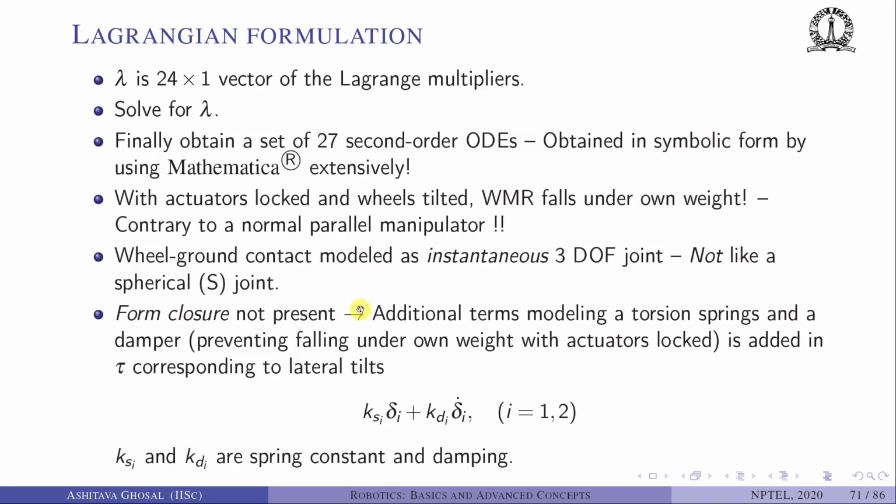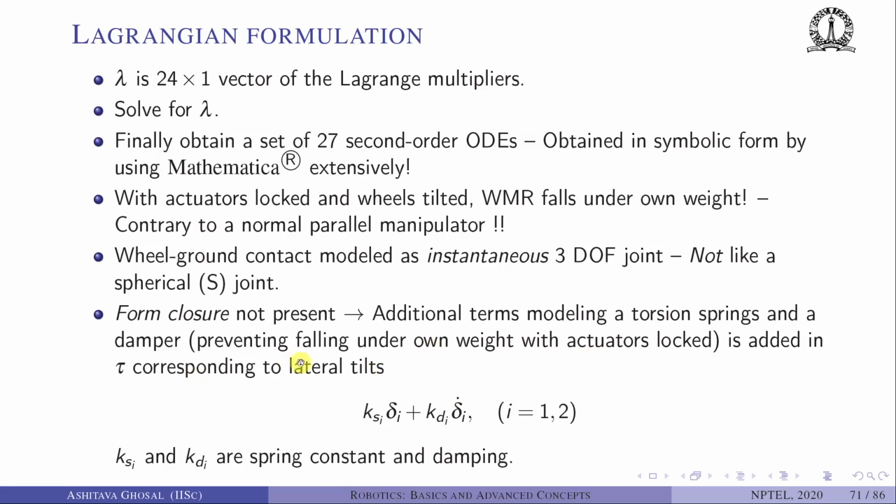So as I said, this is only because the wheel ground contact points are instantaneous 3 degrees of freedom joints. They are not like spherical joints. And there is something called form closure which is not present. We need additional terms modeling a torsion spring and a damper to prevent the top platform falling under its own weight with actuators locked. And hence, this is added.